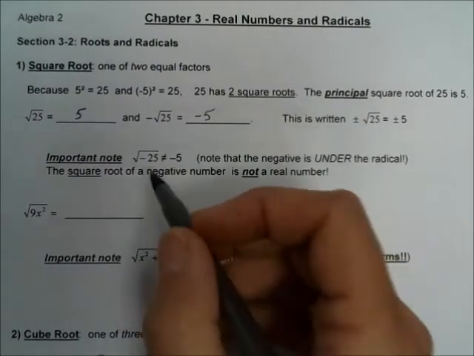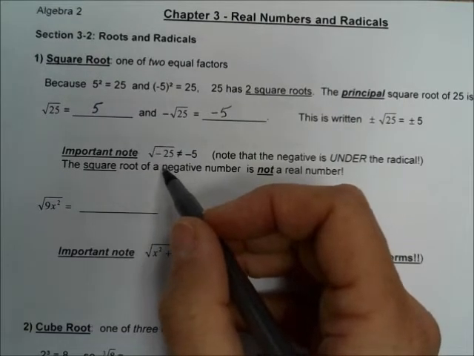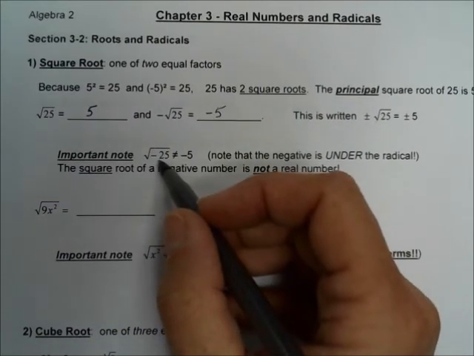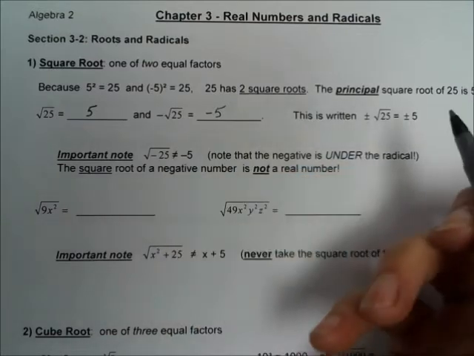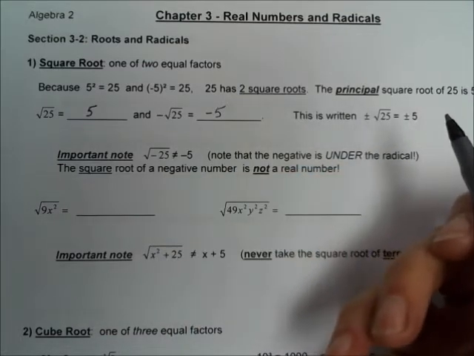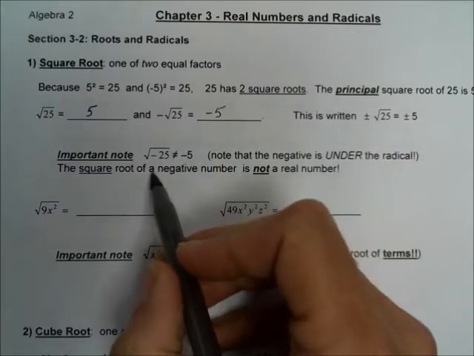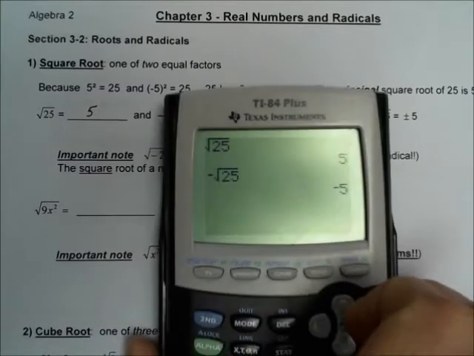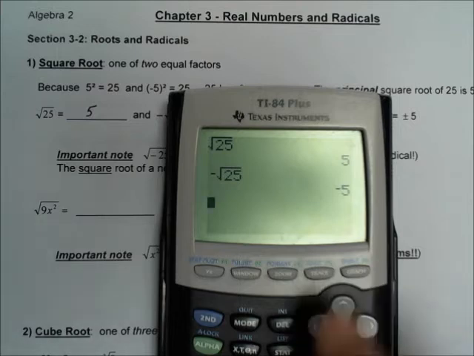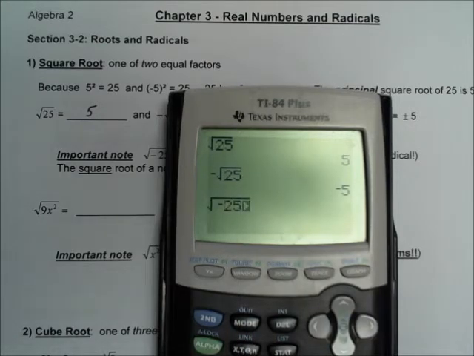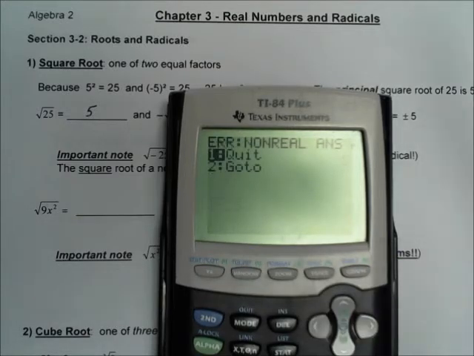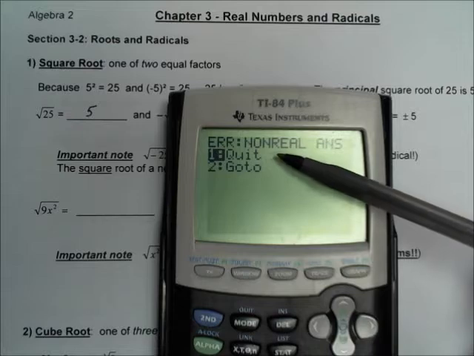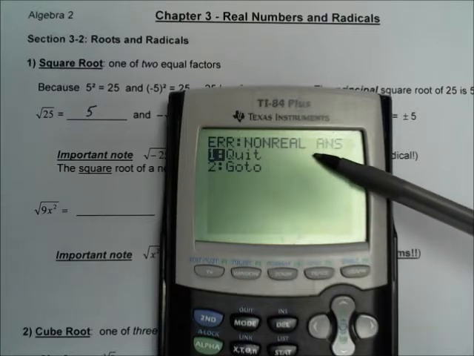And here's an important note. You probably know this already, but if you take the square root of a negative number, you don't get a negative number in return. In other words, the square root of negative 25 is not negative 5. The square root of a negative number is not a real number. So if we took our calculator out and tried to do the square root of negative 25, see the negative is underneath the radical, and we hit enter, your calculator will say that it's a non-real answer.